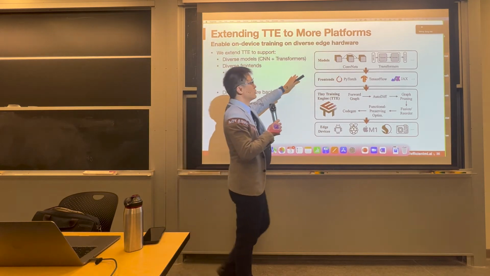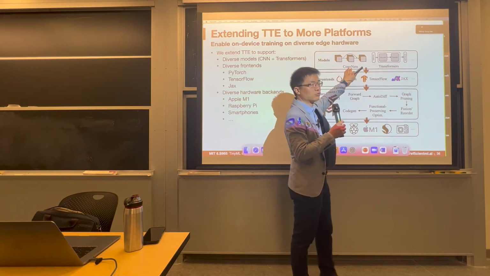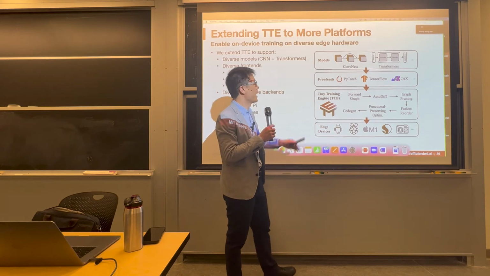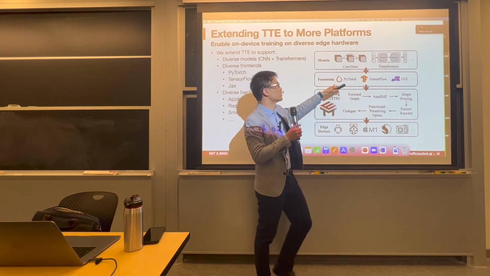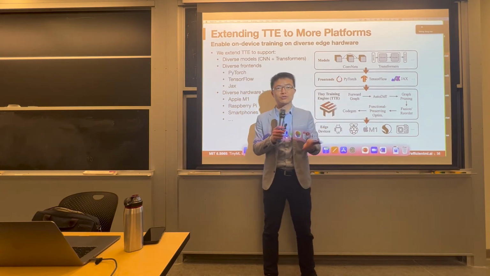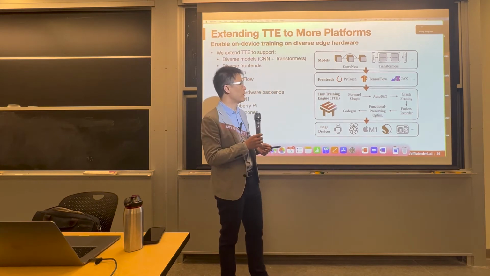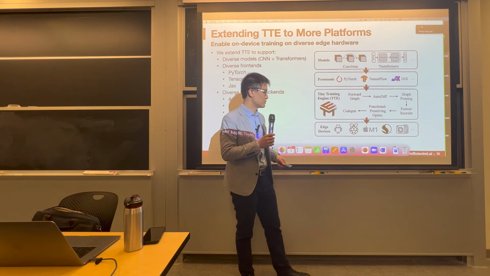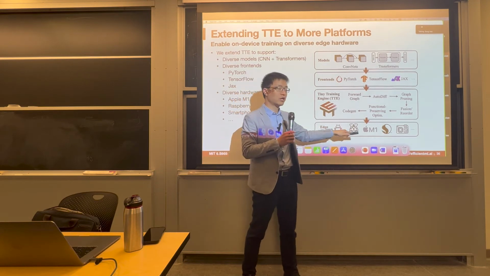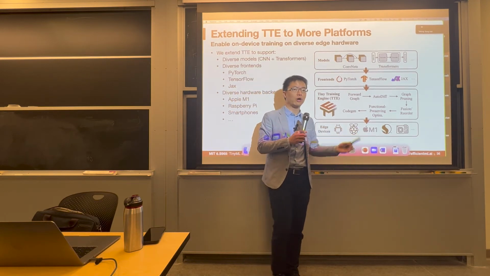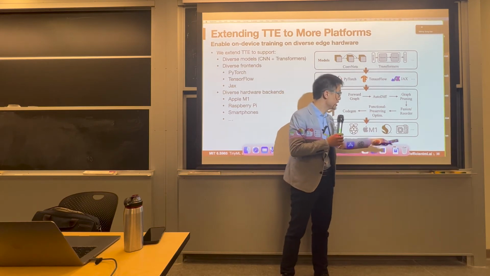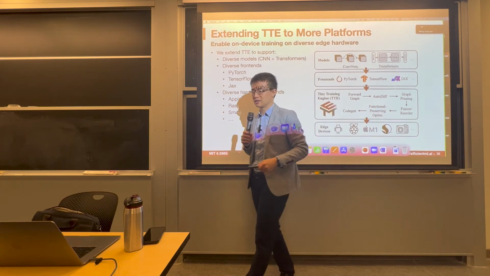So diverse models, diverse applications, ranging from convnets to transformers, which is a hot topic recently, and also diverse front ends, including PyTorch, TensorFlow, and also JAX, which is very popular recently. And also we want to support diverse backends, ranging from Android phones, Raspberry Pis, Apple M1, Qualcomm Snapdragon SoC, and other edge devices, right?